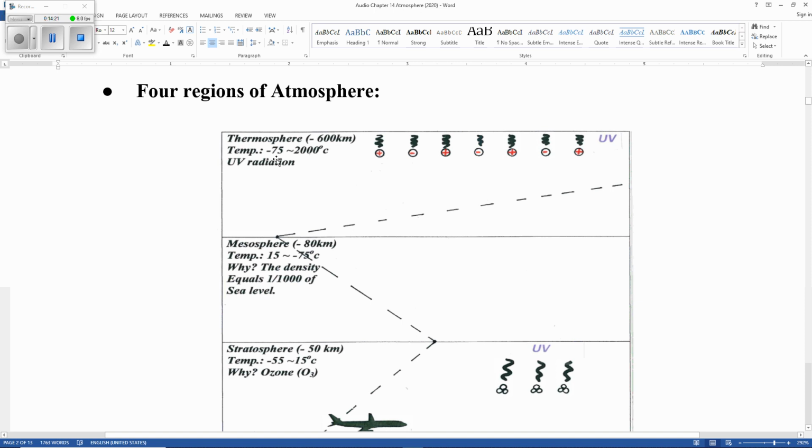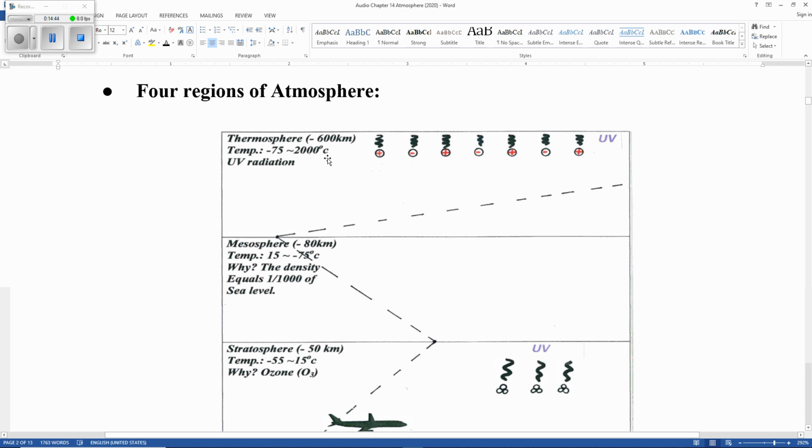Well, it increases again. The temperature will increase from about negative 75 degrees up to as high as 2,000 degrees. So 2,000 degrees seems very, very high.